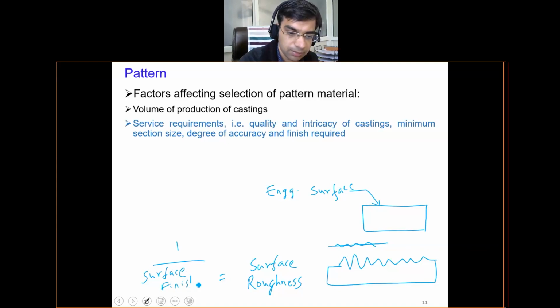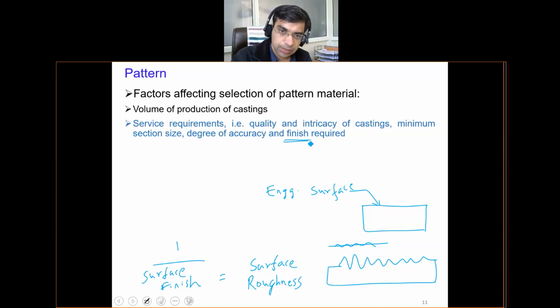Generally, in some cast products, it is required that the surface produced should be of very high finish, or the value of surface roughness should be very low. That goes back to the pattern material used to make the cavity in the mold. Generally with wood, the surface finish may not be very good, but with metals and wax, the surface finish will be very good.